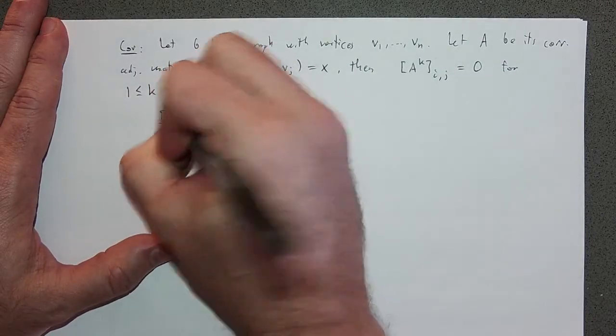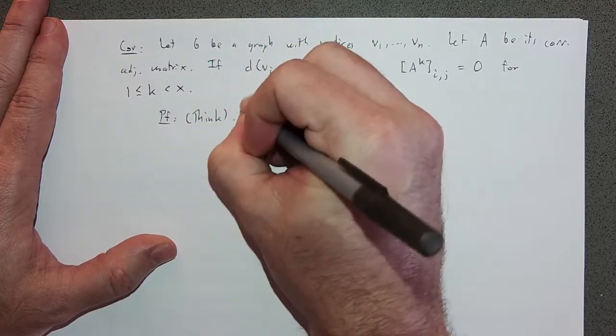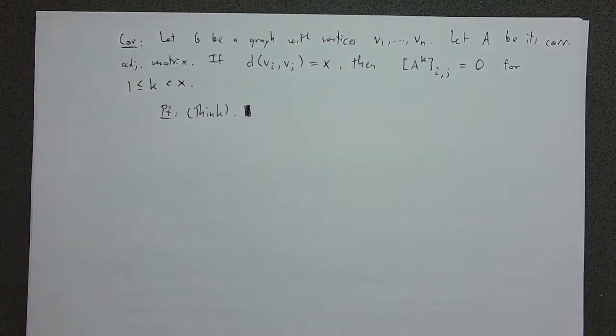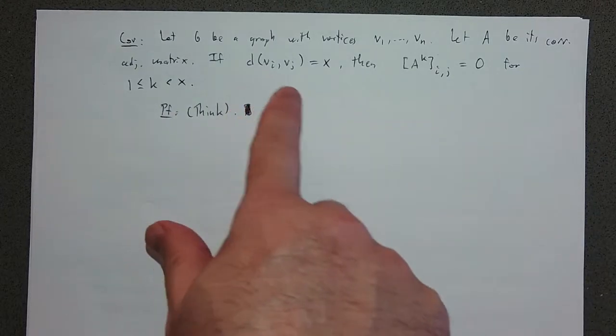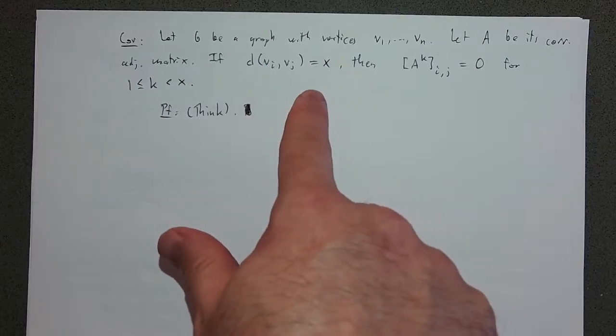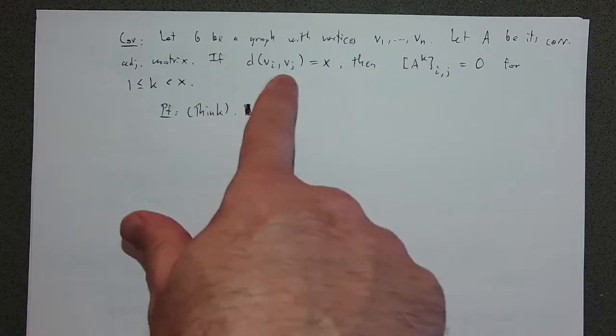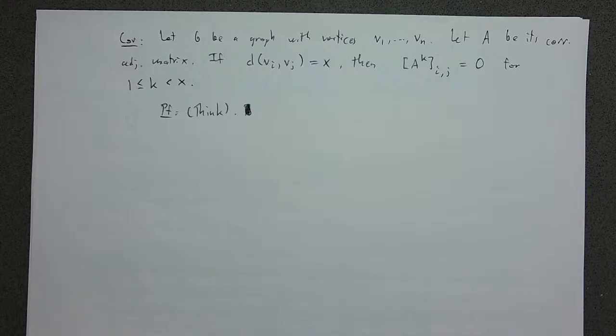Proof, just think about the previous result. Previous result says that the ijth entry of a to the k is the total number of k edge walks from v sub i to v sub j. If the distance from v sub i to v sub j is x, meaning that x is the smallest number of edges needed in a path from vi to vj, right? So this is the smallest number of edges needed.